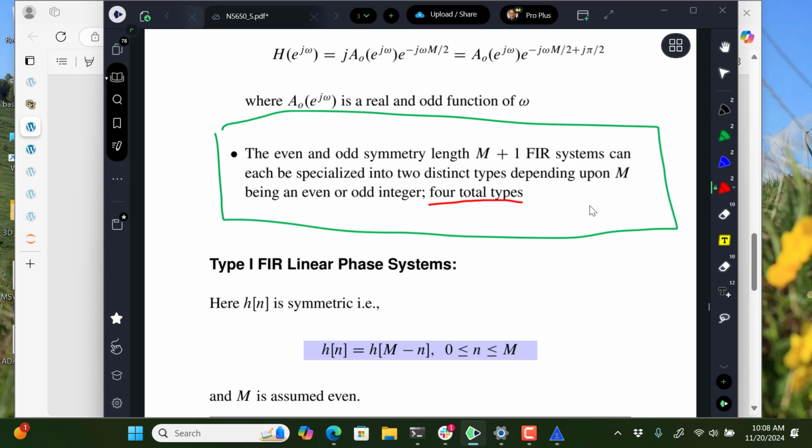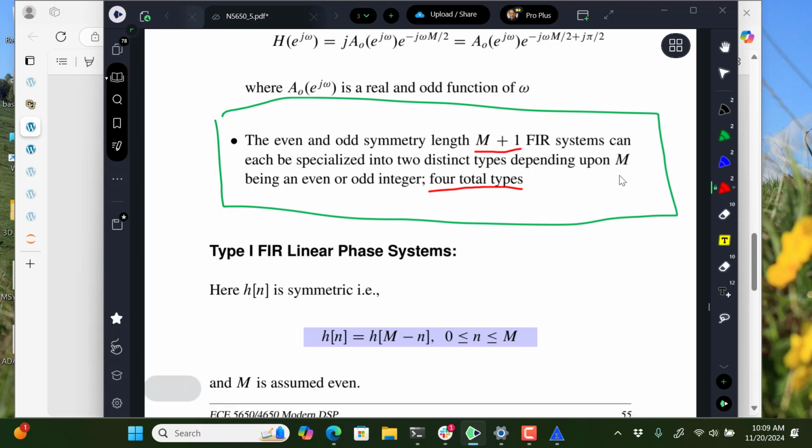So M, even or odd, is the length of the filter. The length of the filter is actually M plus 1 total coefficients. The polynomial order is M, and that's even or odd. And then the coefficients are either symmetric, both up, both down, from either end, working into the middle, or odd, up and down as you move across.